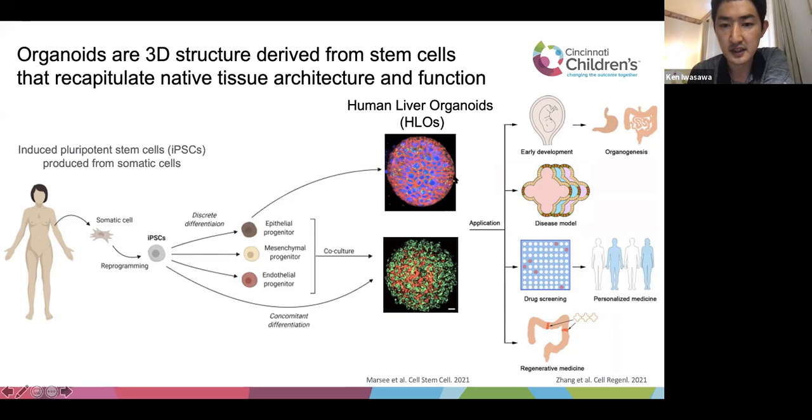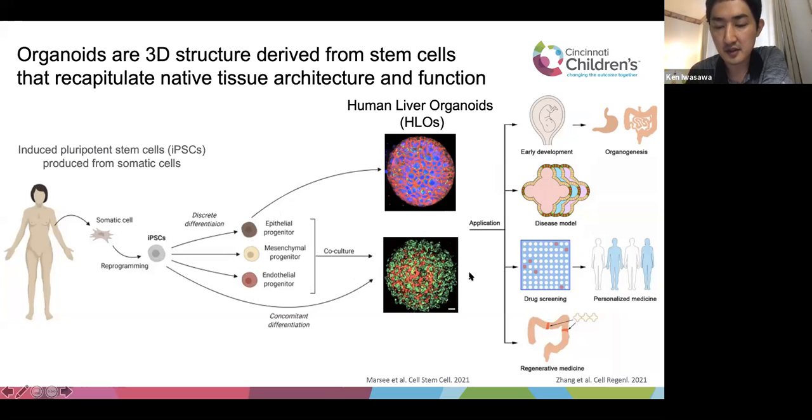further differentiate into hepatocytes, the liver. The liver consists of multiple cell types, and using this co-culture system, we are also able to develop similar, also called human liver organoids, but with a lot of other cells as well.